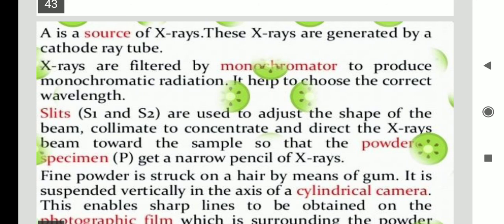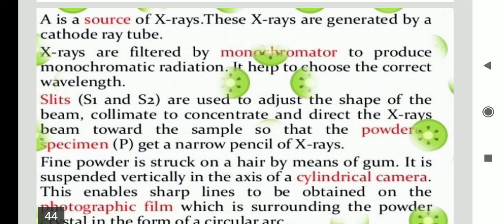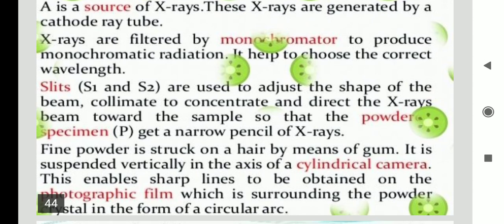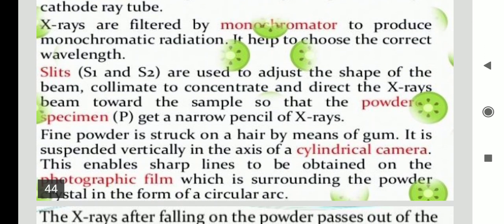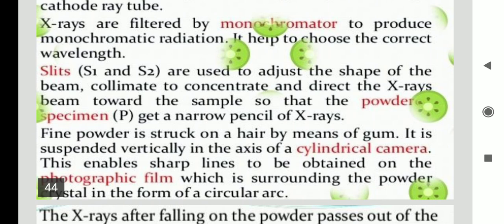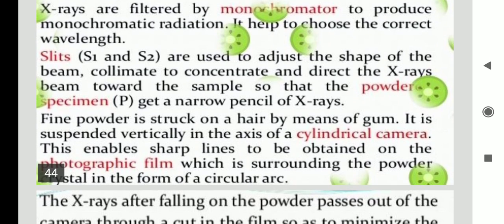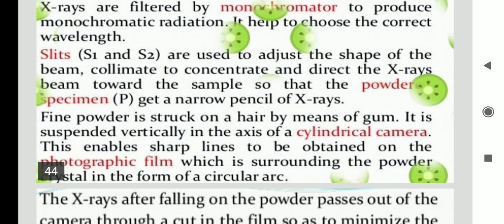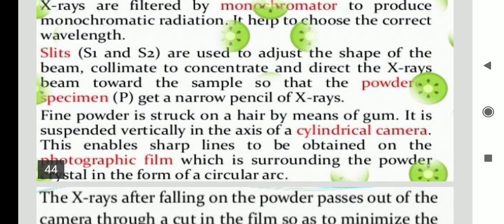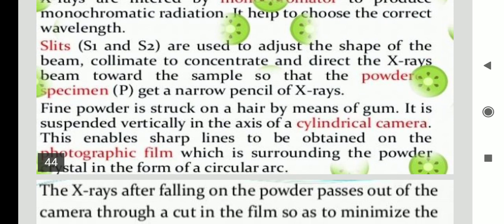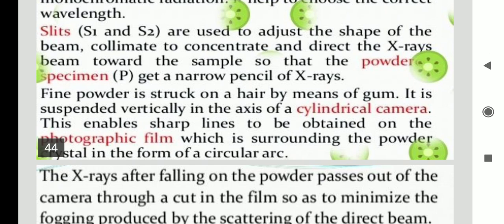What shape must it be? It must be narrow. Collimate to concentrate and direct the X-ray beam toward the sample so that the powder specimen gets a narrow pencil of X-rays.